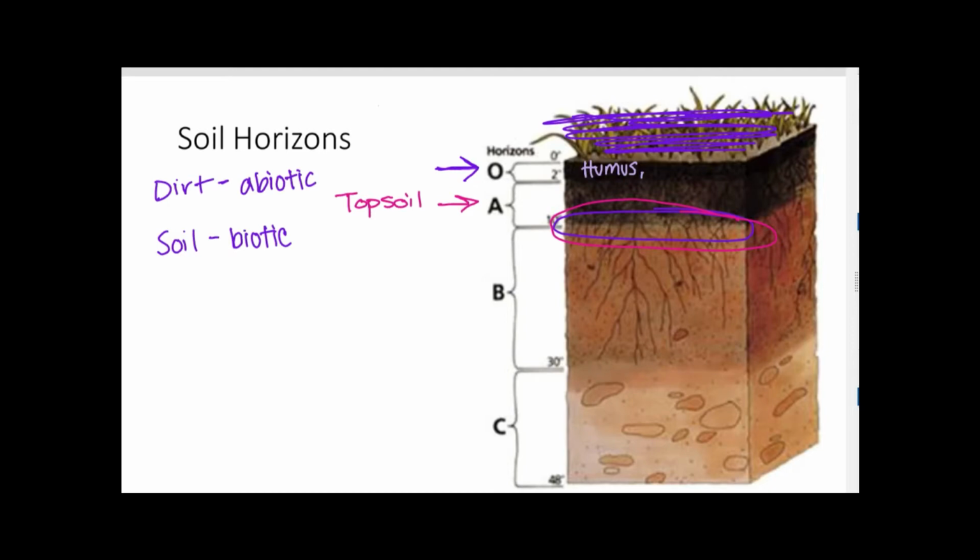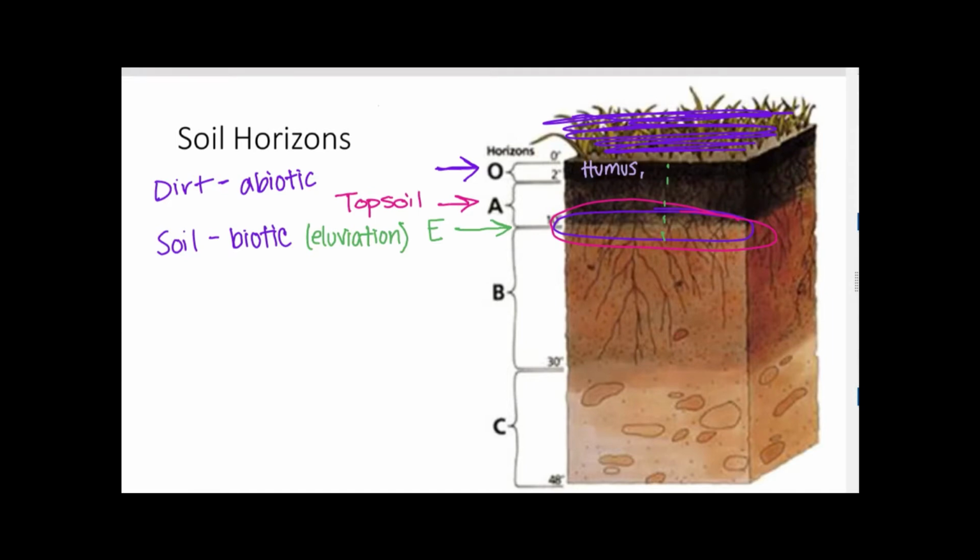There's another layer right here, and that's called the E horizon. The E horizon stands for this word called alluviation. And that's the process of leaching that occurs as water trickles down in the soil.